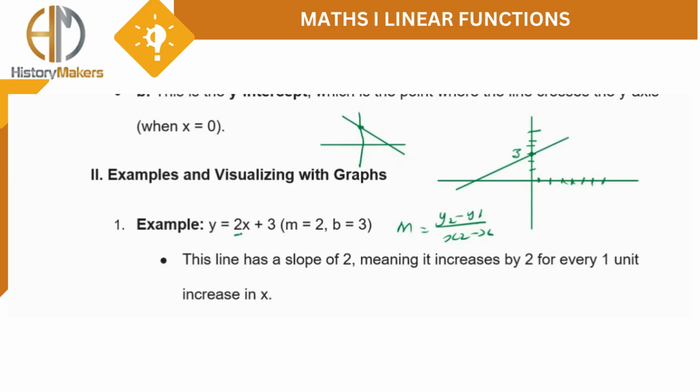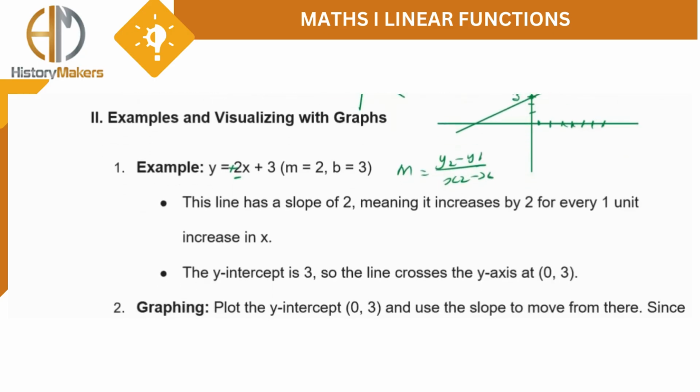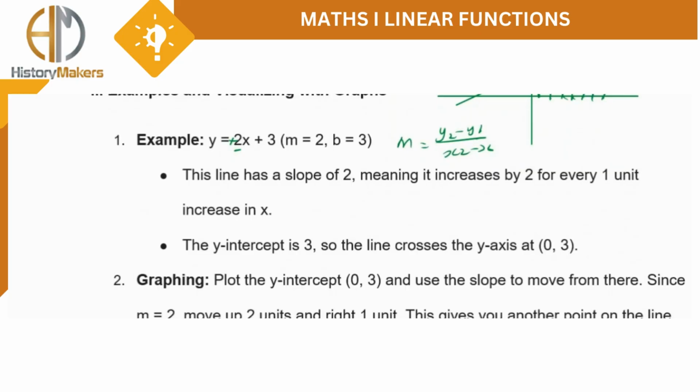Since our slope is positive, meaning it's an increasing one, like that. So the line crosses the y-axis at 3. The line crosses the y-intercept at 0 and 3.